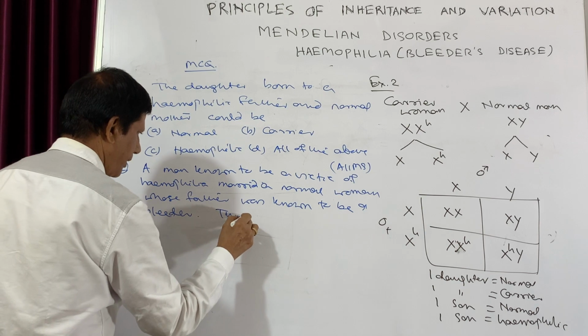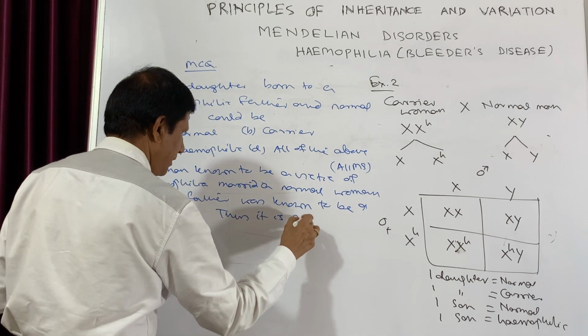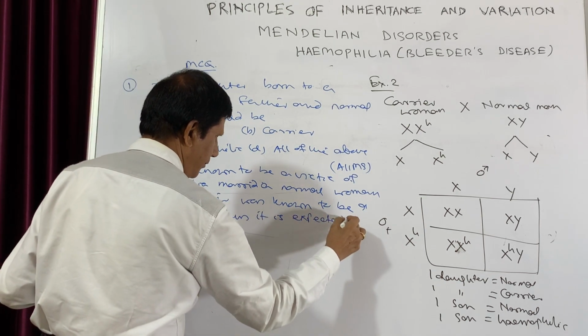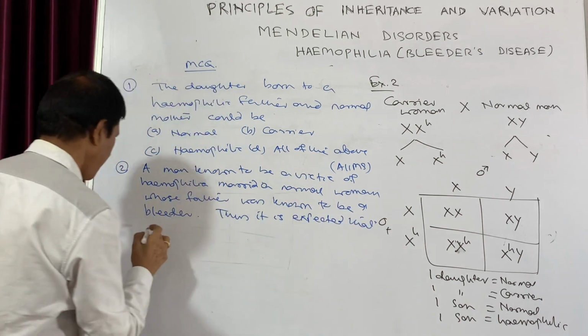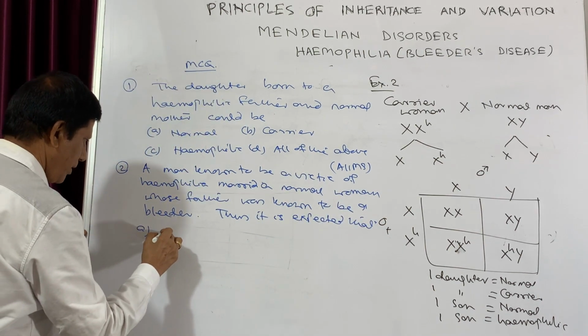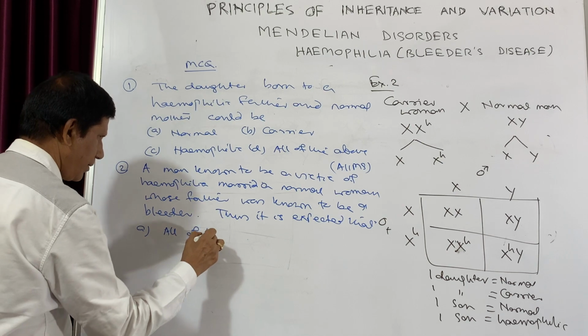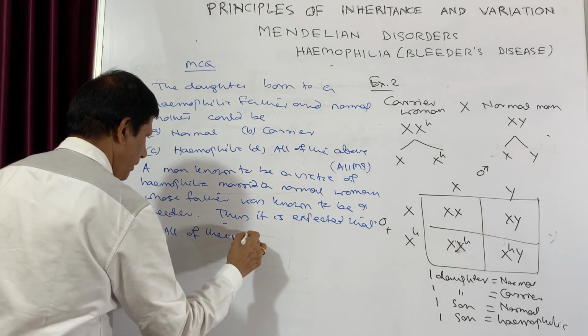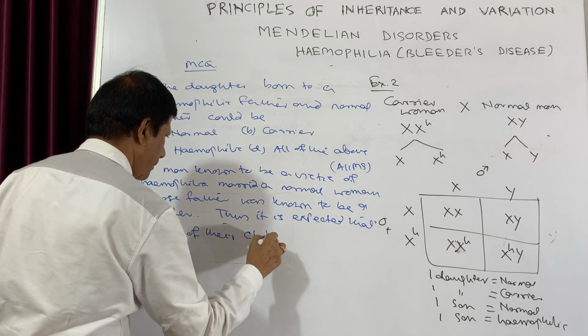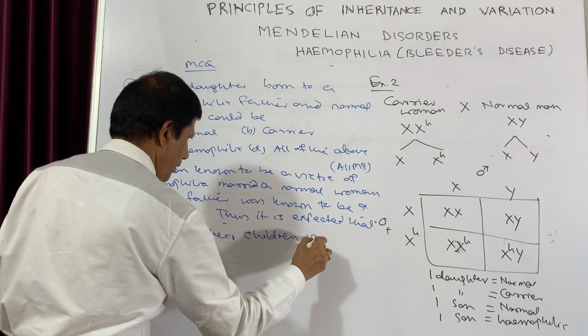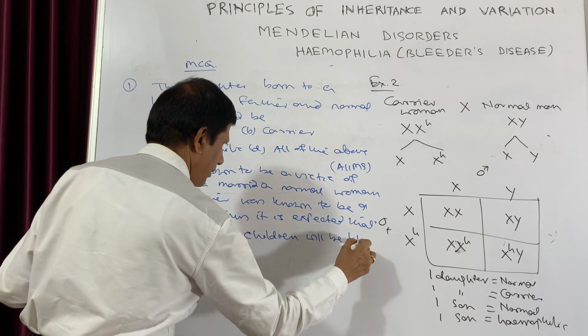Thus, it is expected that first choice, all of their children will be bleeders.